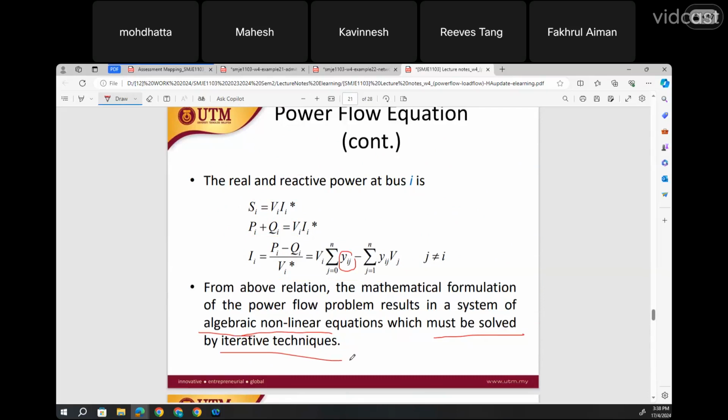That is where Gauss-Seidel, Newton-Raphson method, and also the decoupled system come across. So the nonlinear equation has to be solved iteratively, meaning that you need to do it over and over again in a loop until you reach a satisfactory value of the voltage.